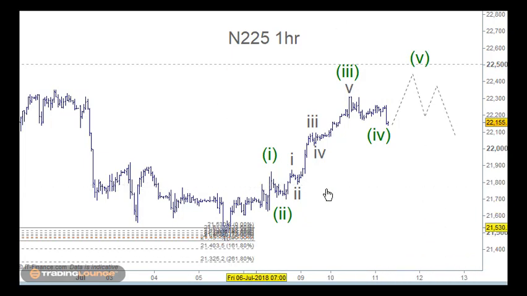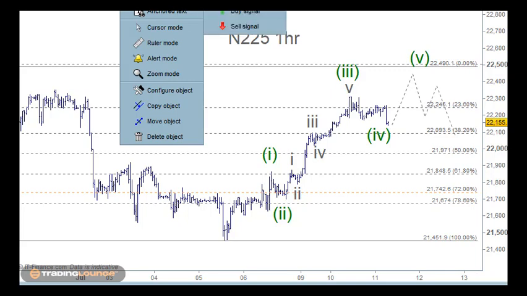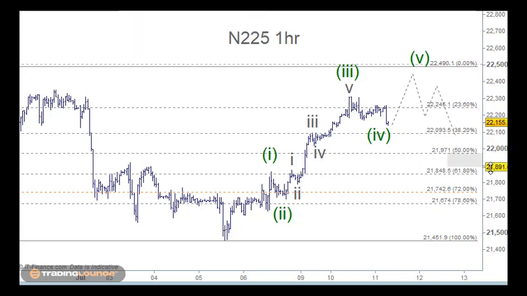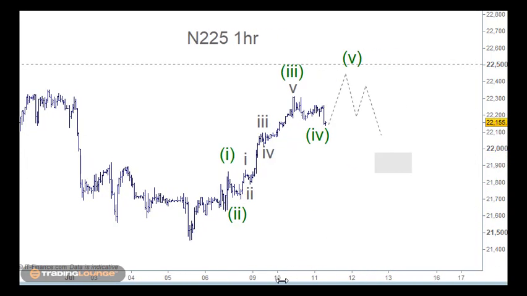I mean, the retracement should come back to, well, it can come back much lower here into this space here. So let's just say around the 22 here. But we'll get to that when we get to it.